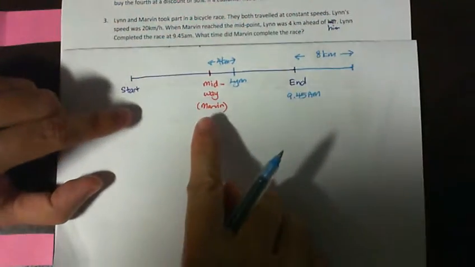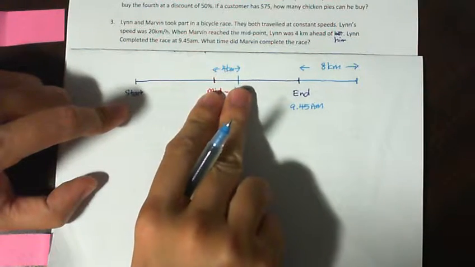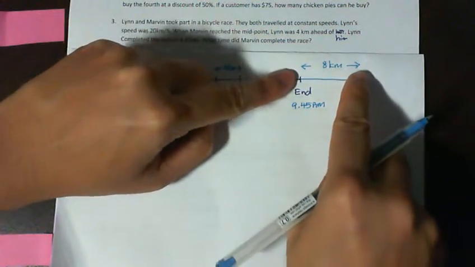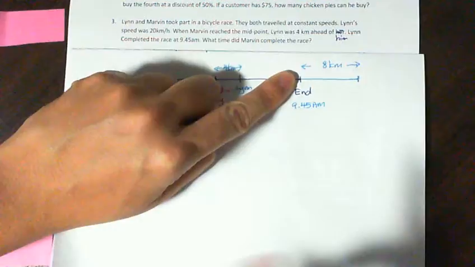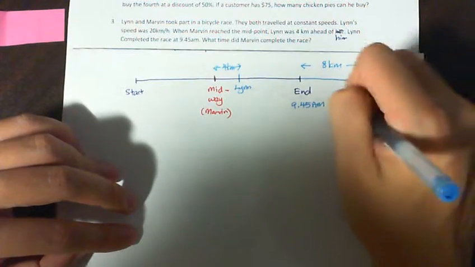If Lynn, after she passed the end, continues cycling, when Marvin finishes, Lynn will have cycled an extra 8 km.